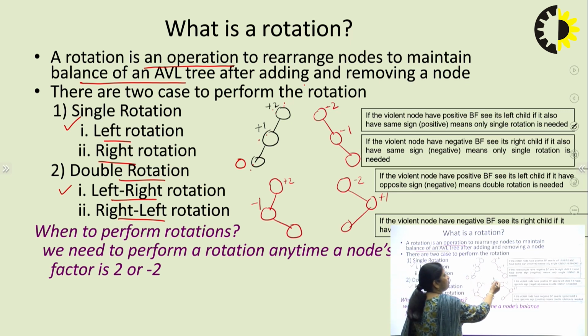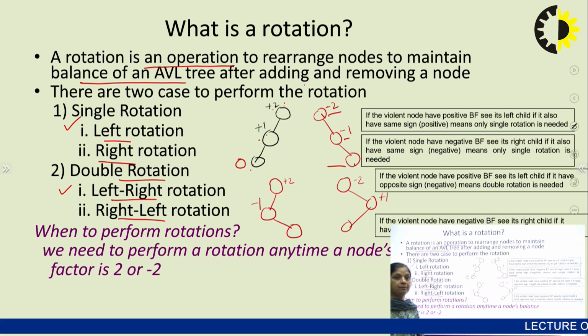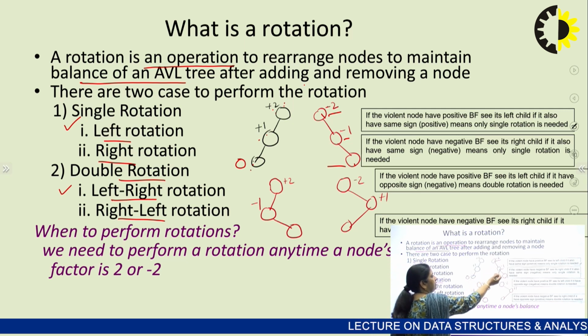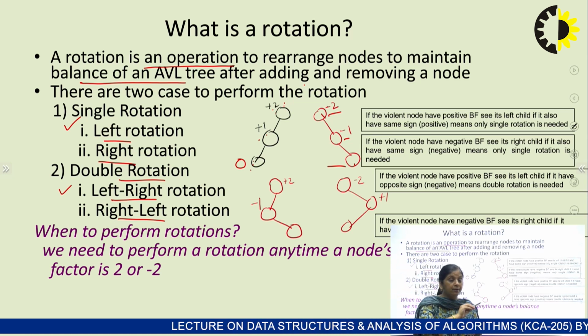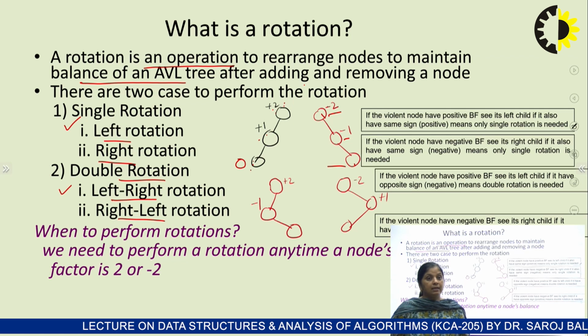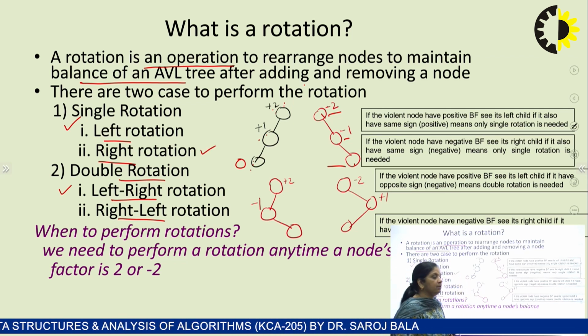If I consider this one, here also the imbalance is because of this branch, and when we see this branch, again I am getting the same sign. So if the disturbing nodes and the disturbed nodes have the same sign, then we do single rotation. We call it the violating node.